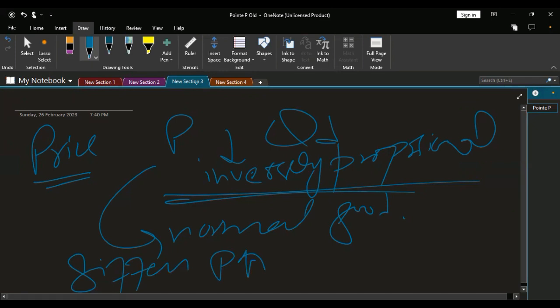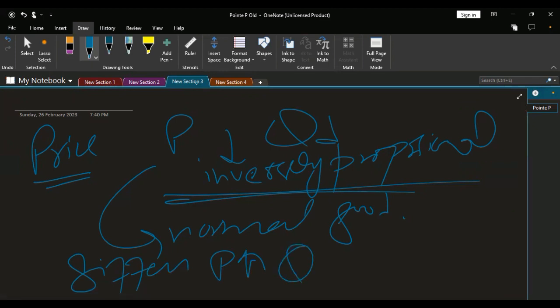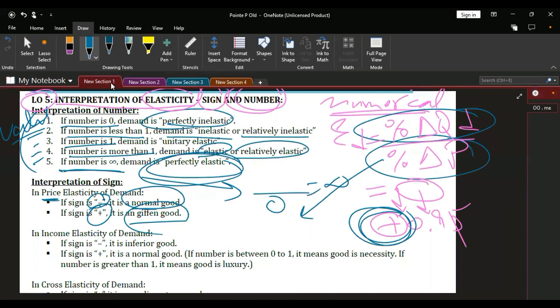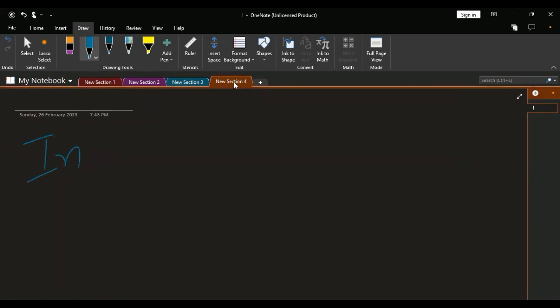As price increases, quantity demanded also increases, because consumers will not stop buying them when the price goes higher, because mainly they relate to some priority goods or some show-off goods. So if your sign is positive, it is a Giffen good. While if you are studying income elasticity of demand, the case will be a bit different, because income has a direct relationship with demand.